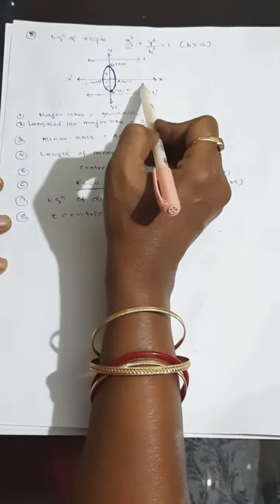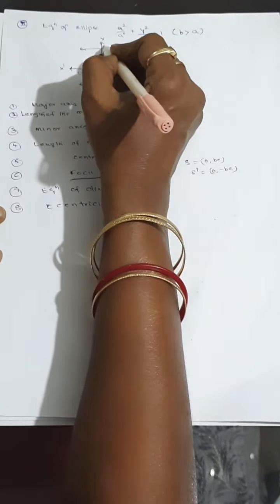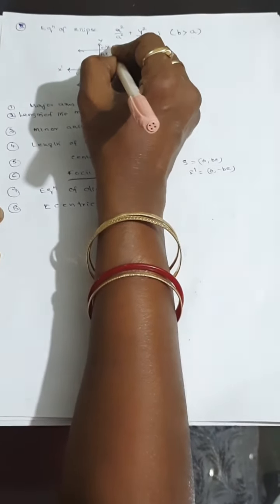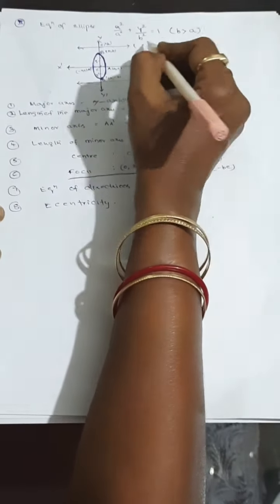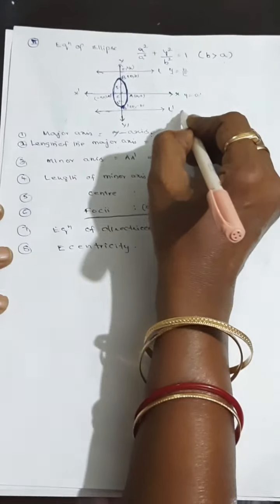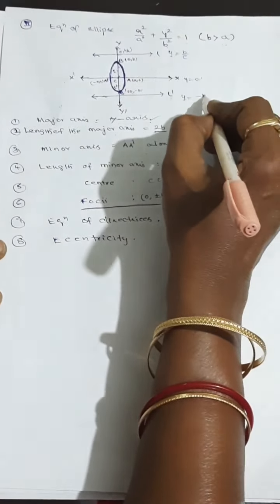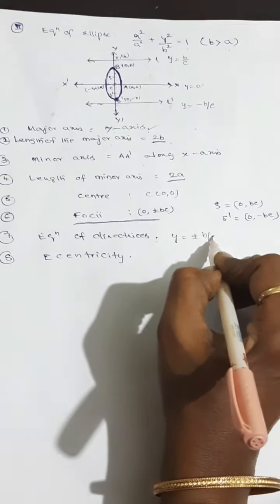L is parallel to the x-axis. The equation of the x-axis is y is equal to 0. It is at a distance of b by e. So the equation of the directrix is y is equal to b by e. Here, the equation of the other directrix is y is equal to minus b by e. So the equations of the directrices are y is equal to plus or minus b by e.